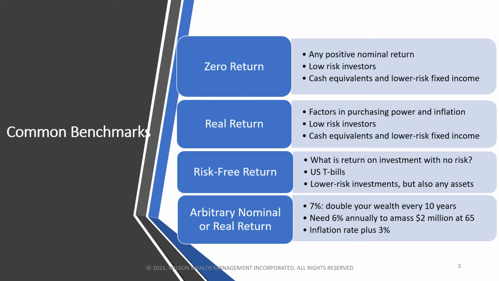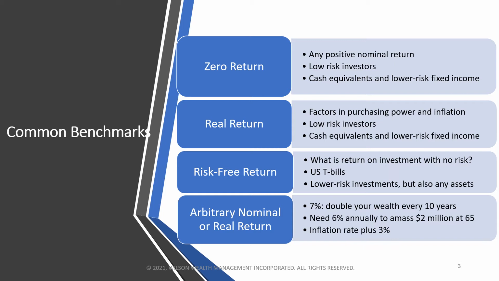Now, as far as some common, simple benchmarks, I think the first one is, we'll call it a zero return. And that's going to be any positive nominal return. Anything over zero is good. We don't want to lose money on our portfolio.